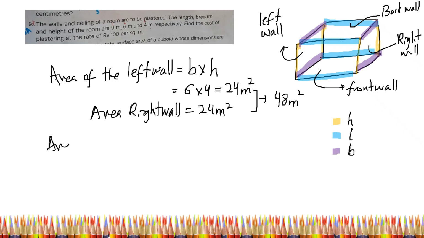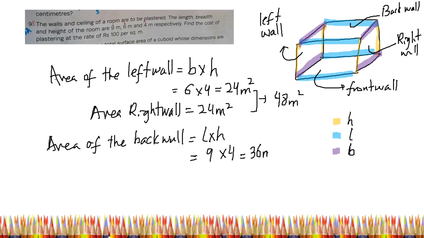Now the area of the back wall. Look carefully, the area of the back wall is this yellow one multiplied by this blue one, because it's a rectangle. So a rectangle's area is this side multiplied by this side, right? So the blue one multiplied by the yellow one is L multiplied by H. L is 9 and H is 4, and 9 multiplied by 4 is 36 meter square.